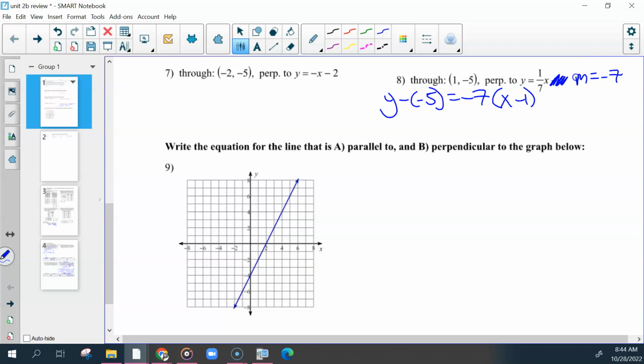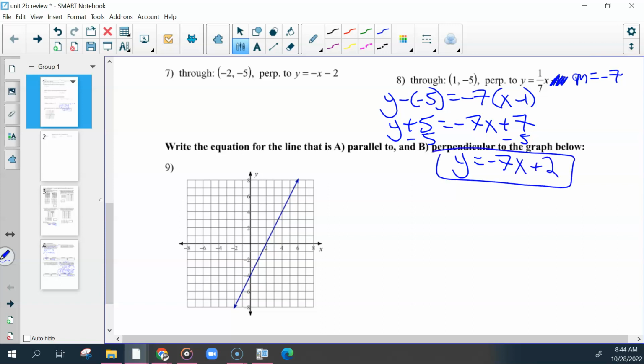You can go over there and see what it is. So that would be y plus 5 equals negative 7x plus 7, and then subtract 5. So that would be the equation that is perpendicular to the original.